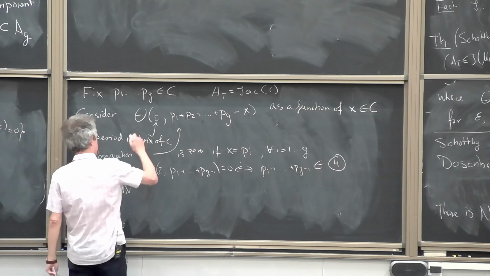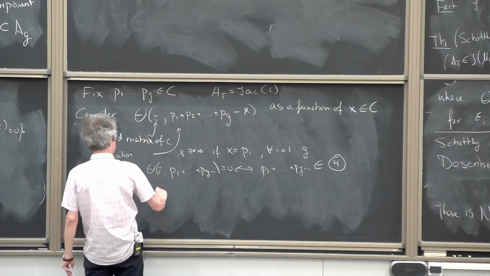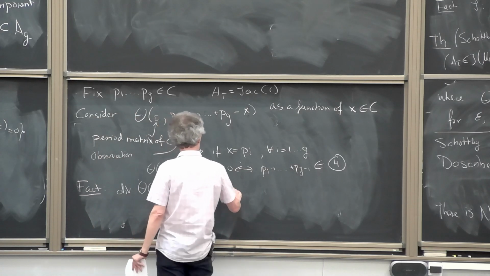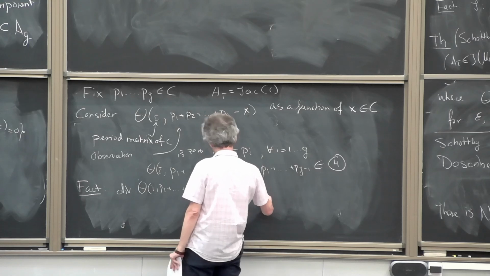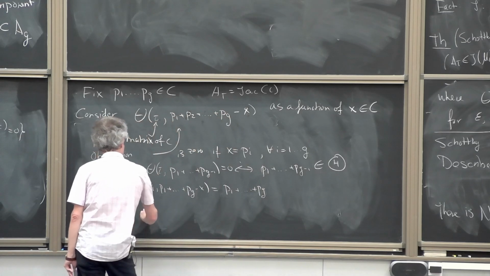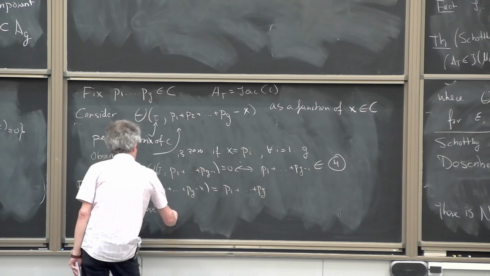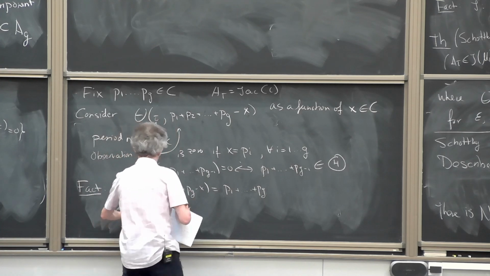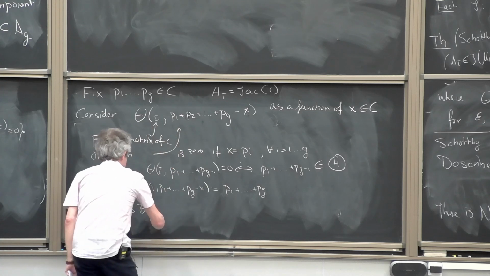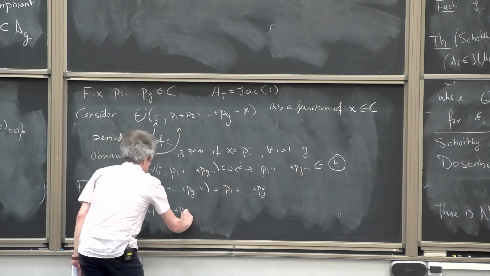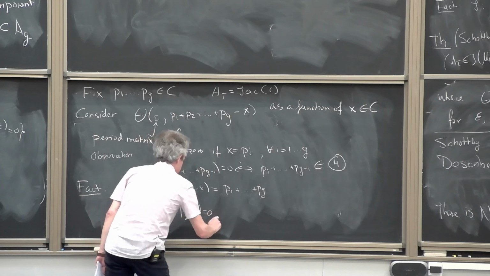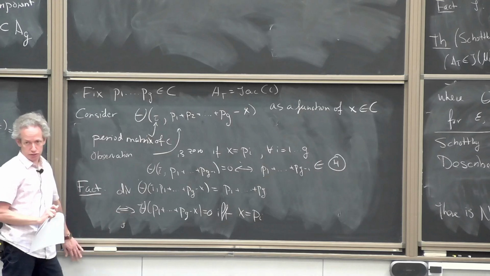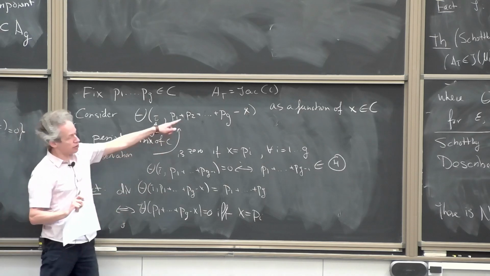The divisor of this function is p1 plus through pg. This is to say that these are all the zeros. So all the zeros of the theta function are just these points.